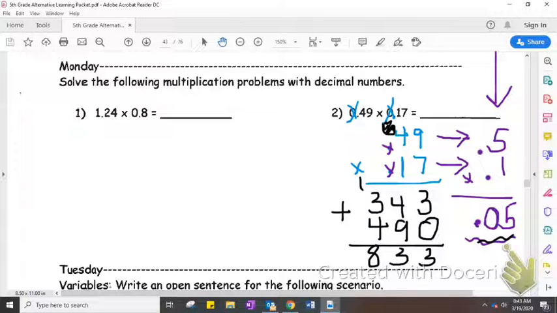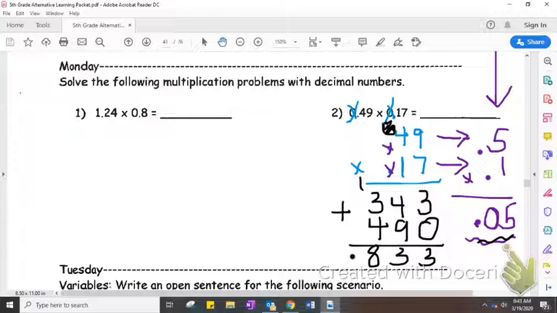This is why your estimate helps you, because you need to figure out where to put the decimal point. If I were to put the decimal point here, it'd be 833. That's nowhere close to 5 hundredths. If I put it here, it'd be 83 and 3 tenths. Nowhere close. Here, 8 and 33 hundredths. Again, not close.